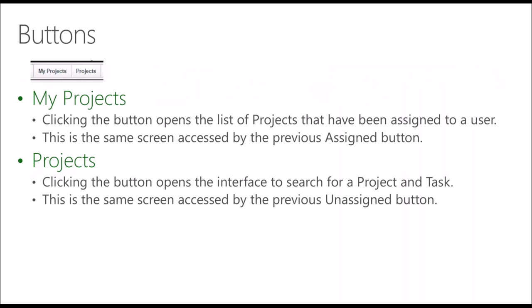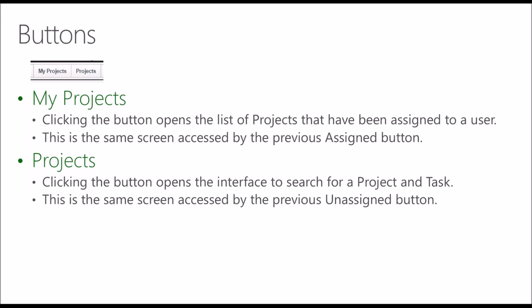But again, it's the projects that have been assigned to me, so I know exactly which ones I'm choosing. The other button, instead of having to use the unassigned button, we're going to let you look at all the projects that are out there. So that Projects button will take you to the same area as the old unassigned projects button. So again, we've removed a click, we've gotten you to the information quicker, and we relabeled them to make a little more sense to you.